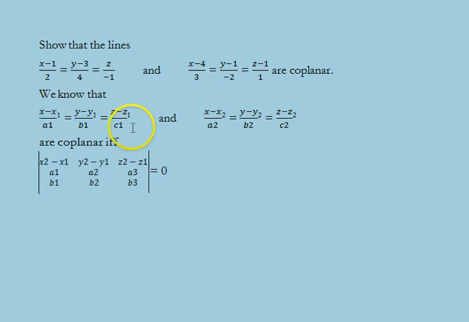For these two lines to be coplanar, the value of this determinant must be equal to 0.